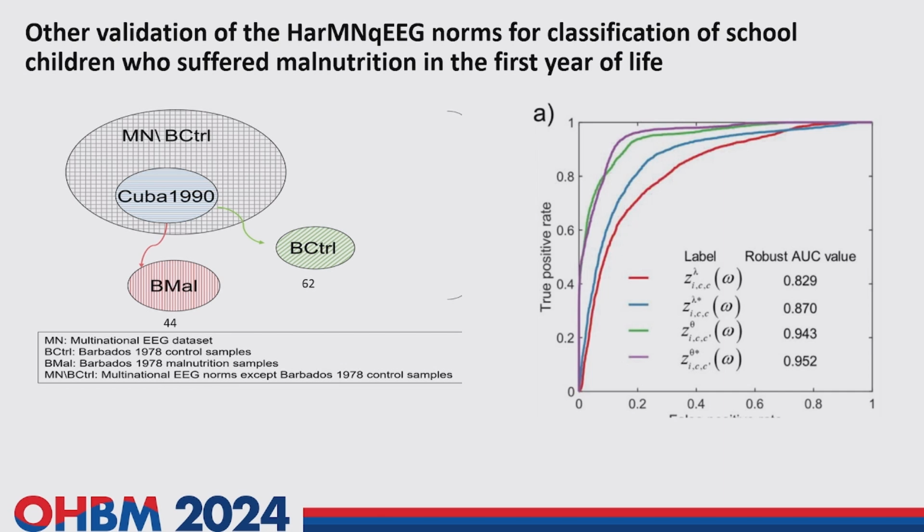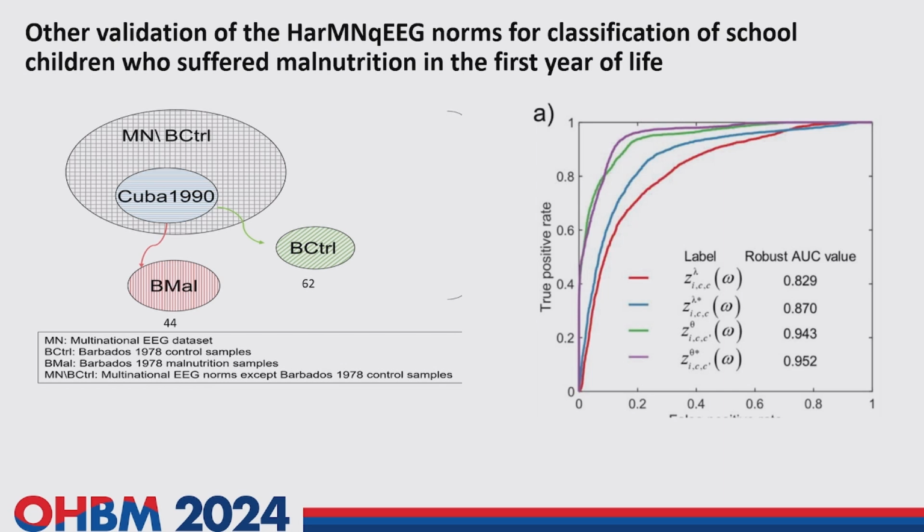We then use the Cuba batch-corrected harmonized norms to discriminate between children that had malnutrition during the first year of life and healthy controls. Note that the EEG was recorded at school age. On the right are the ROC of the discrimination for classical QEEG and different variants of harmonized QEEG.